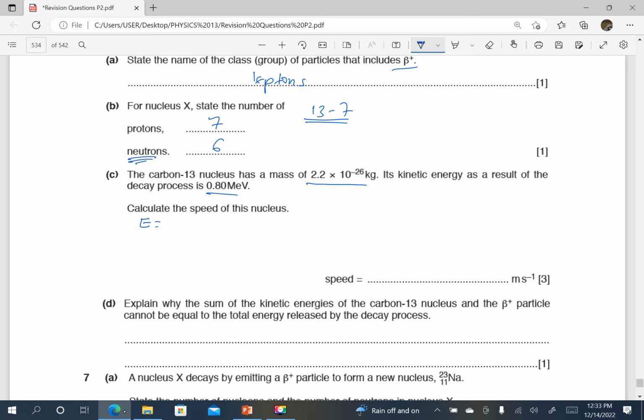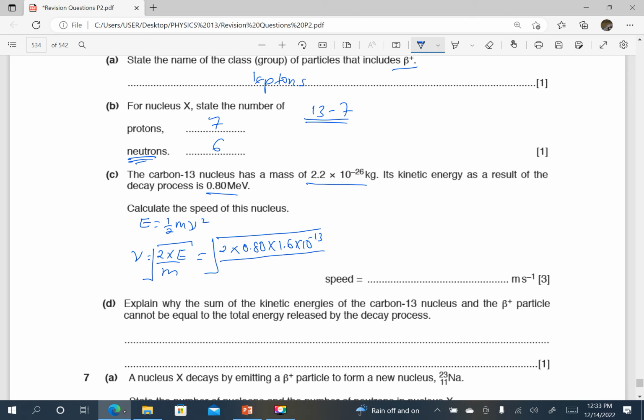So energy is equal to a half mv squared. We want v. v is going to be the square root of 2 times the energy divided by the mass. So this will be the square root of 2 times the energy, which is 0.80. I'm going to change the energy from mega electron volts to joules, so I multiply by 1.6 times 10 power negative 13, divide by the mass.